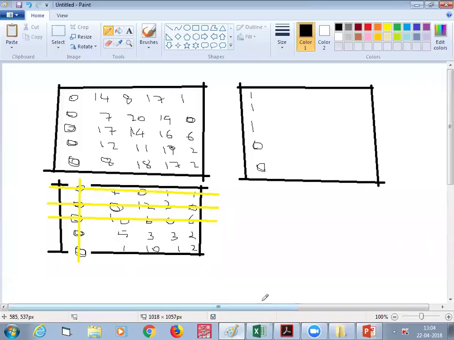Here however, we look at the uncovered elements. The uncovered element minimum is 1, right? So first we add them at the intersections, 1, 1, 1. These remain unchanged. So this is 7, 0, 1, 1. And this is 0, 12, 2, 0.